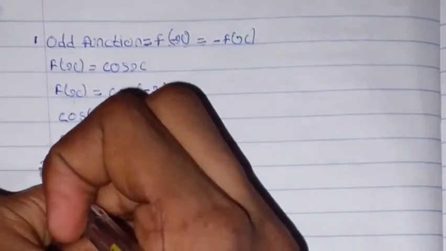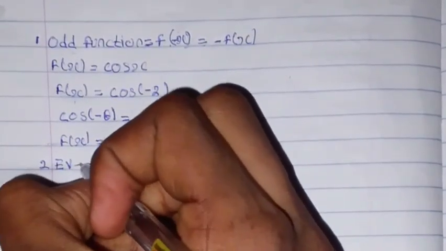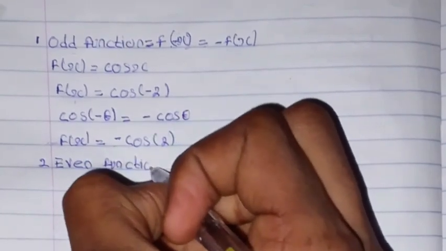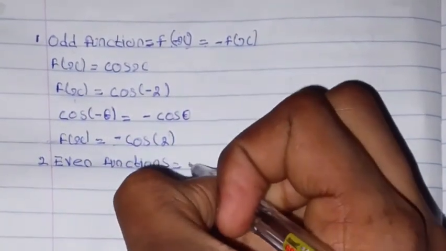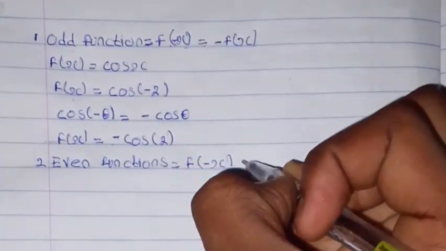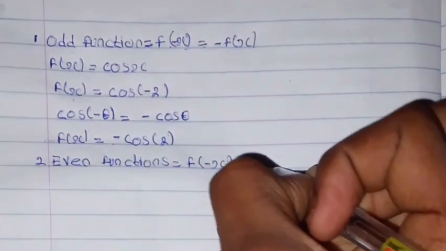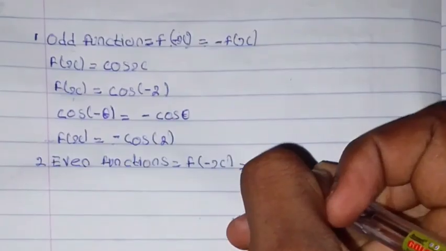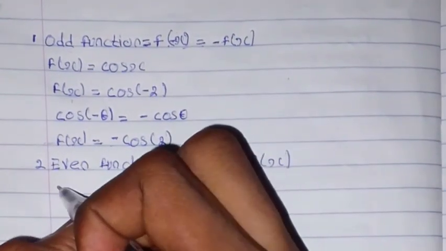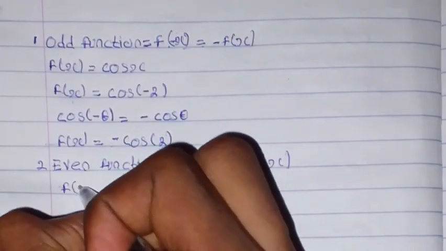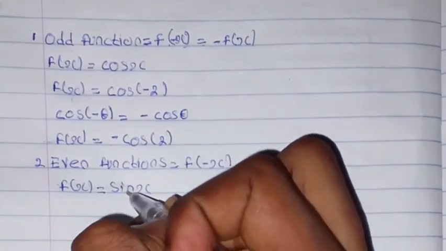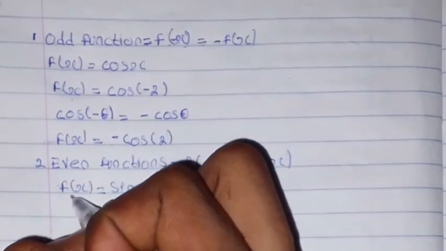Next we have even functions. Even functions are of course the opposite of odd functions. So whenever you have f of minus x again, instead of getting minus f of x, this time we yield f of x. The minus is gone. Let's take an example. If you have a function f of x equals sine x, let's take x as 2.